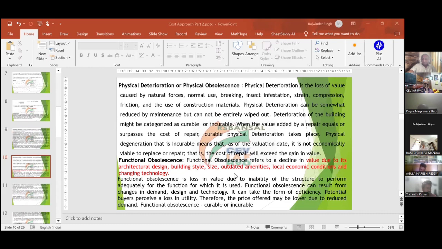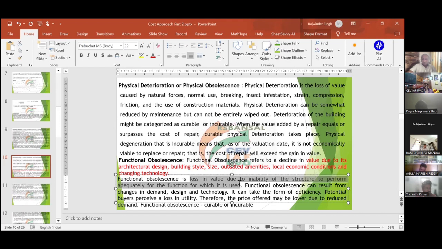Functional obsolescence occurs in the value due to its architectural design, building styles, size, outdated amenities, local economic conditions, and enhancing technology. So basically, functional obsolescence is a loss in the value due to inability of the structure to perform adequately for the function for which it was used. That is functional obsolescence.